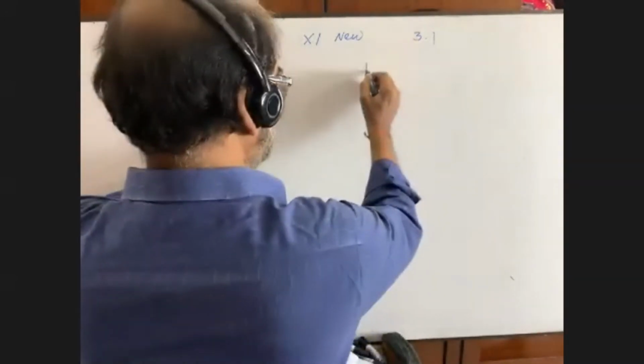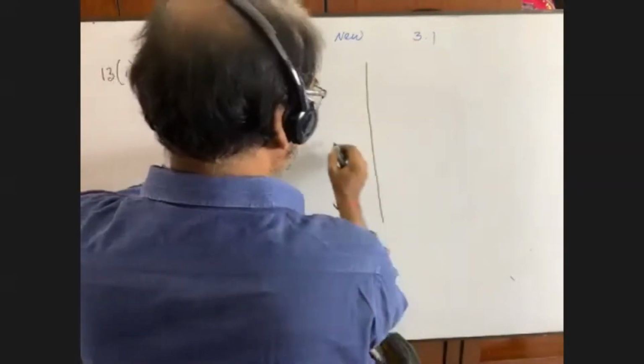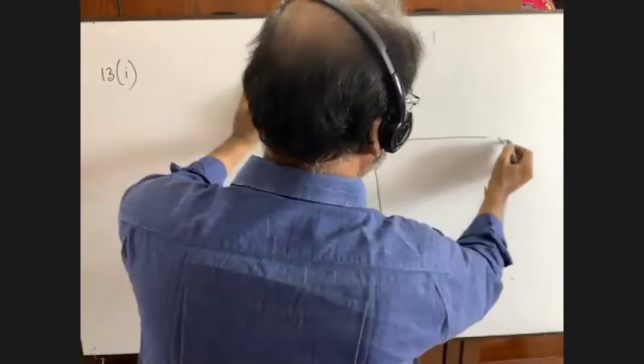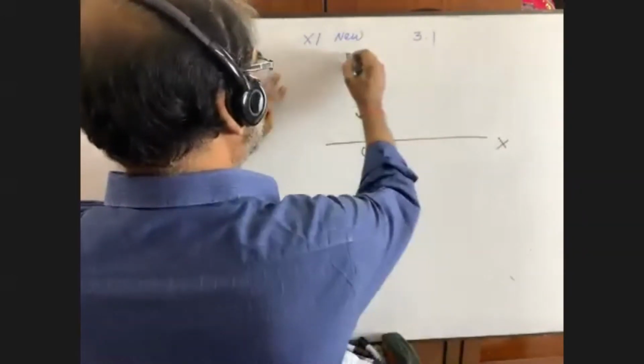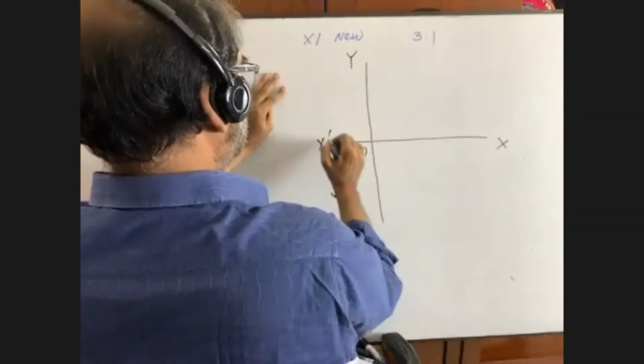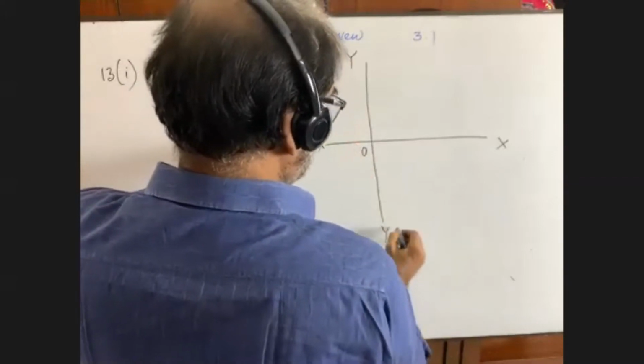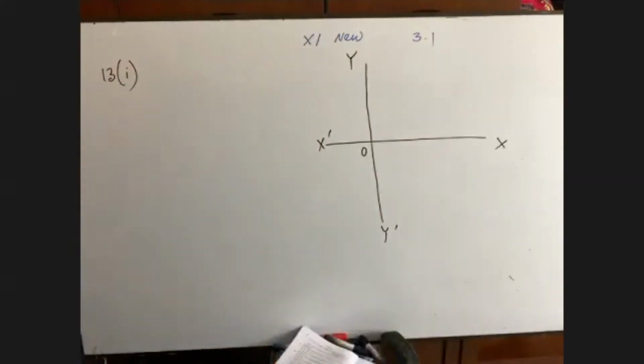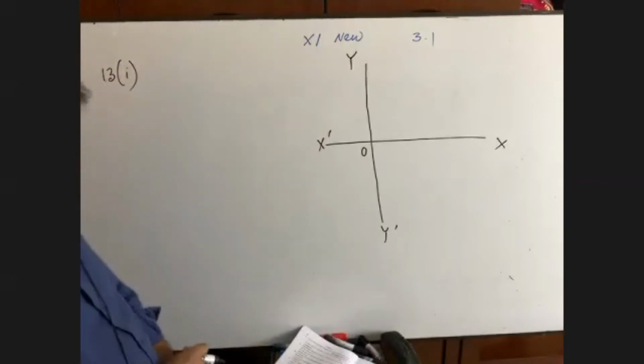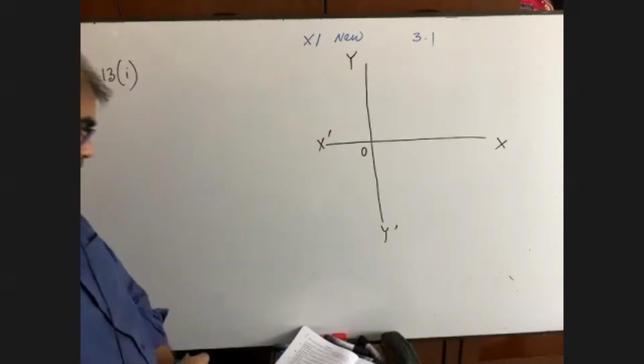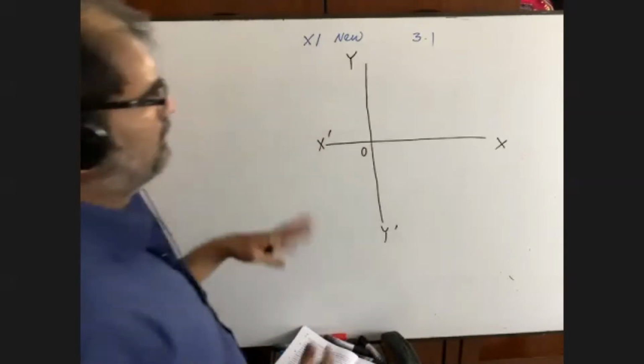Suppose this is x prime, O, x, this is y, y prime. It is told a point a comma 5.